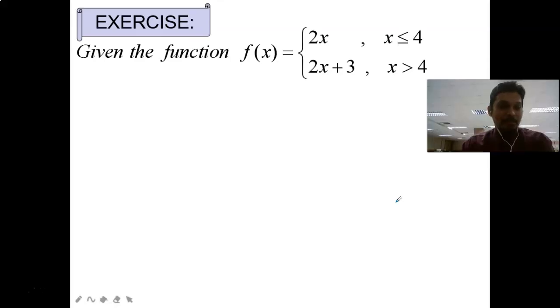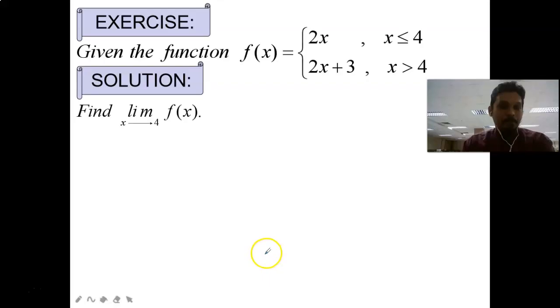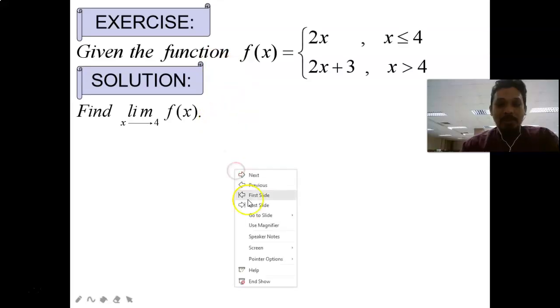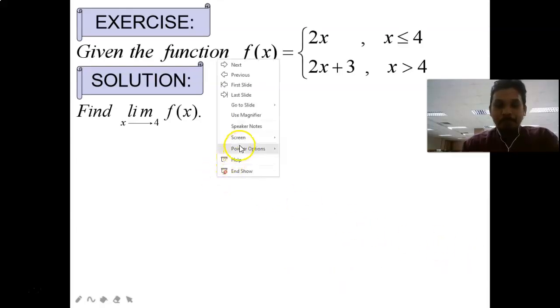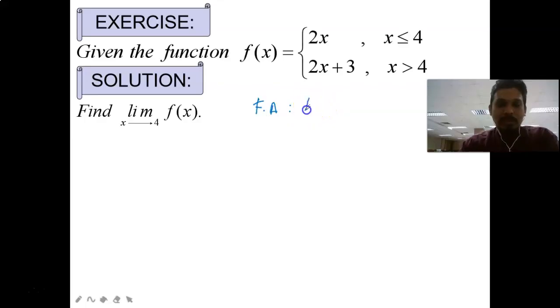Okay, exercise for this. For the exercise, I'm going to leave these two for all of you to try. The final answer for this one is that the limit of f(x) does not exist.